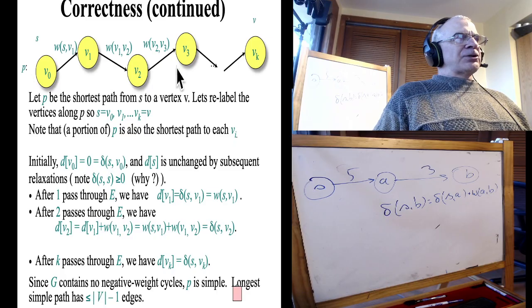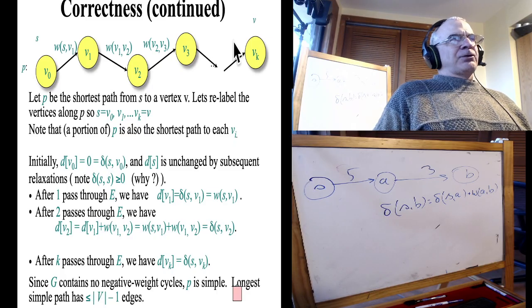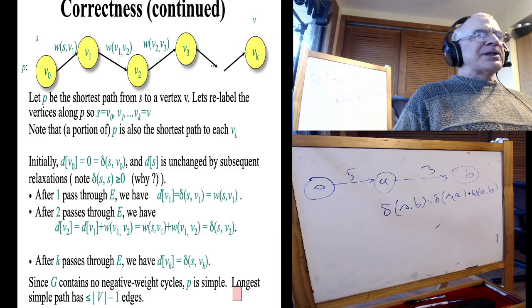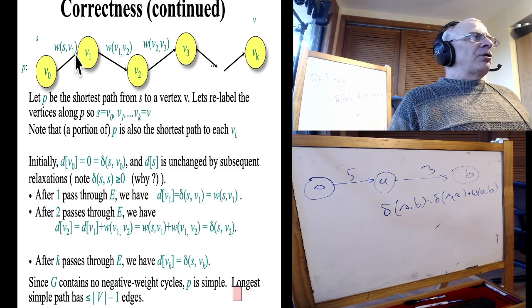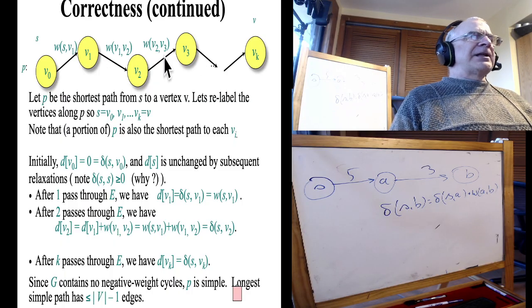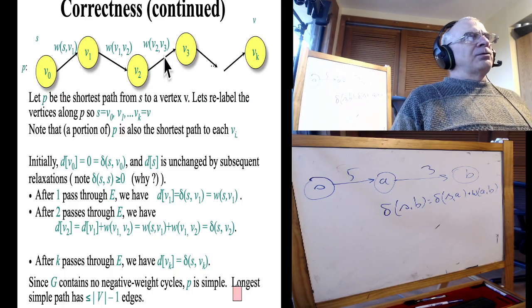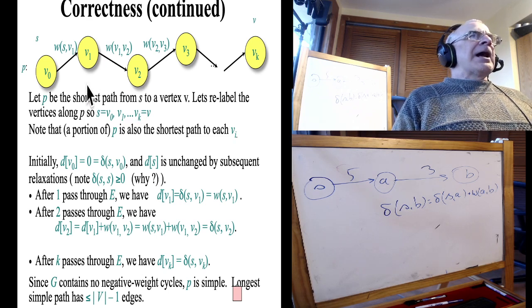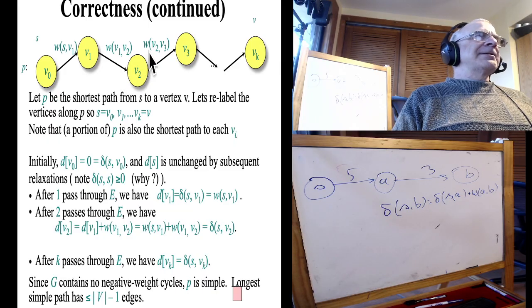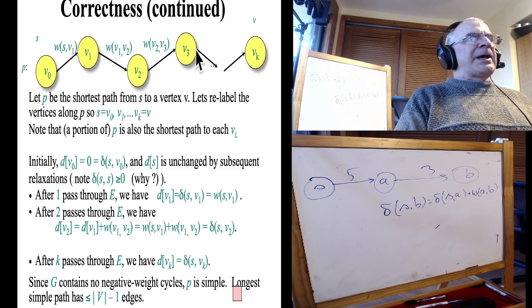Then I look at the optimal shortest path, which obviously I don't know originally, and just for the sake of the proof, I assume that some oracle came down to earth and told me what the shortest path is, and I give the names to the vertices according to what the oracle told me. And all I say right now is that as the algorithm progresses, more and more vertices along this path know the length of the shortest path to them.